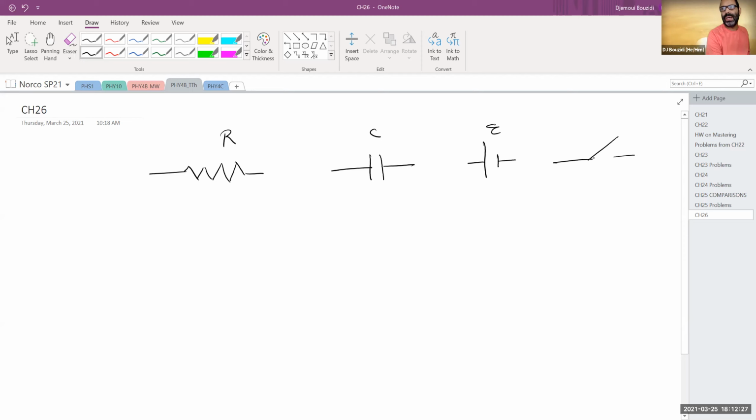I also introduced a switch, which is really necessary, and you will see it in this chapter, needed to do some calculation on how to charge a capacitor, because we did some problems in chapter 25, but we really didn't get into the details on how to charge a capacitor. So one of the items of this chapter is charging and discharging a capacitor, which is a lab on its own. That is something that we're going to explore here.